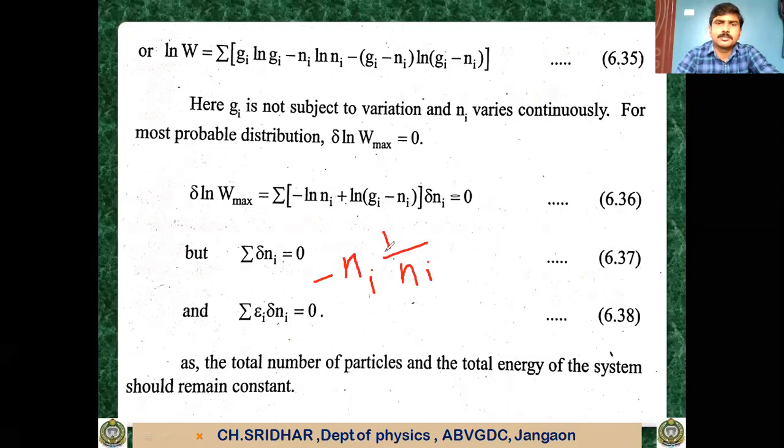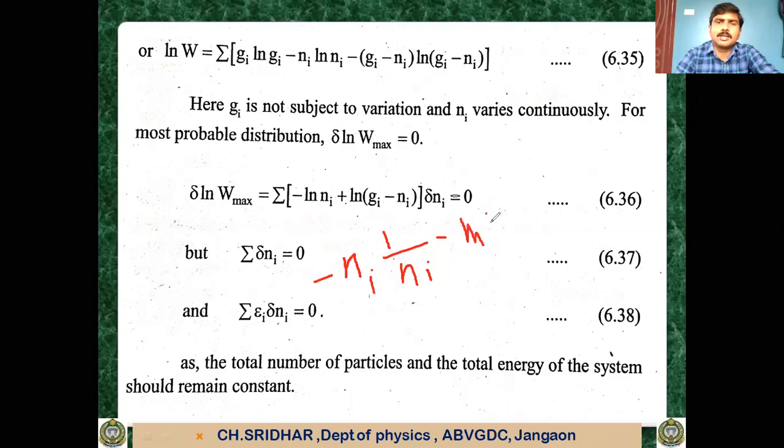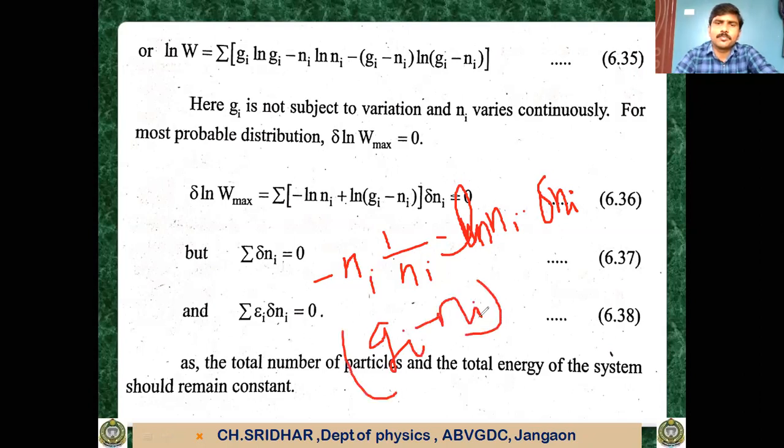And here this is log Ni into delta Ni for the second term, and for the third term it is Gi minus Ni into the differentiation of log, which is 1 by Gi minus Ni.